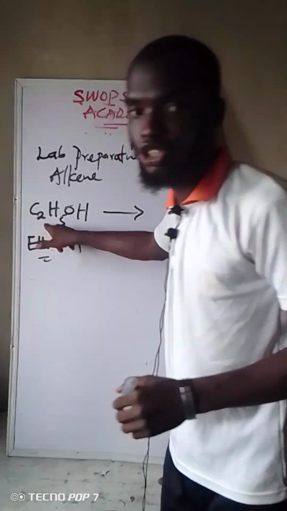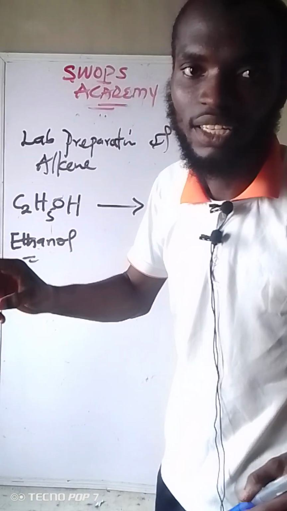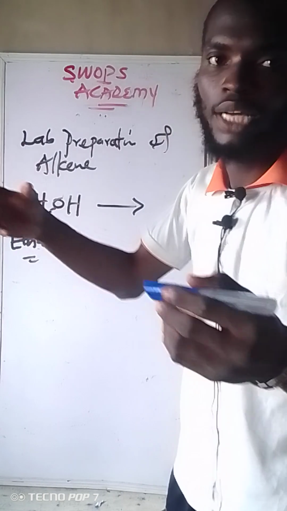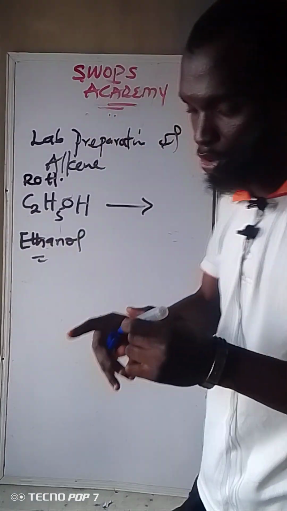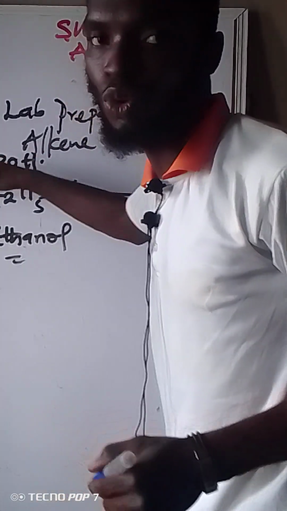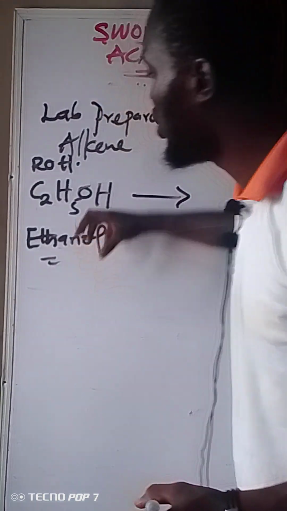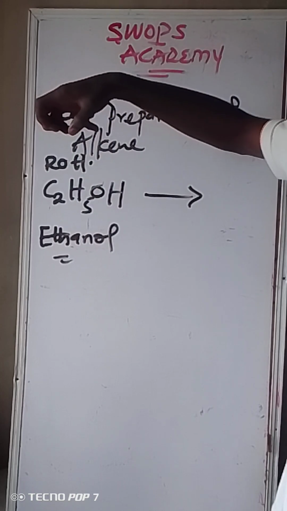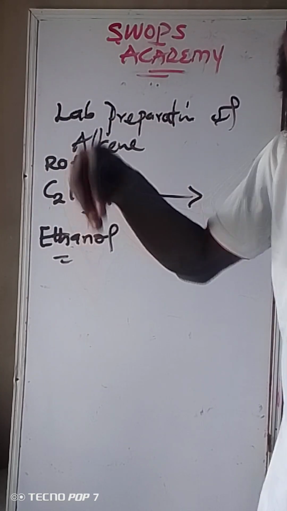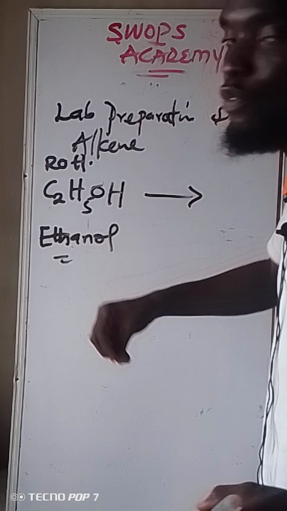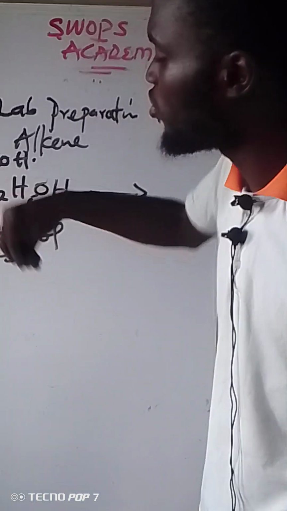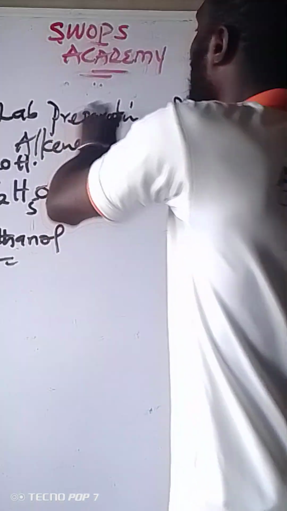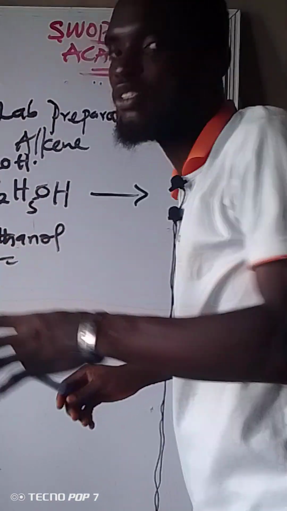The combination of C2H5 is ethyl, then ROH is what we know as ethanol, which is an alkanol. The dehydration of ethanol, an alkanol, using concentrated tetraoxosulfate VI acid is what we know as the laboratory preparation of alkenes. What do I mean by that?